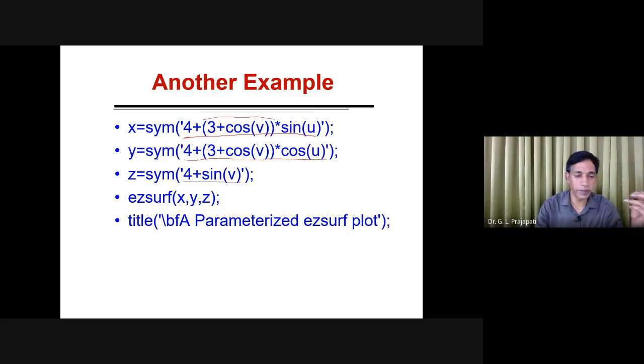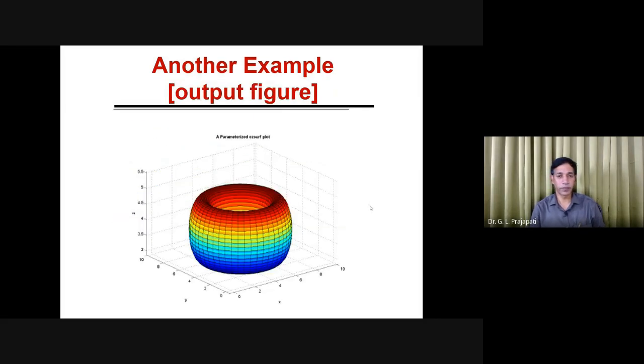So X, Y, Z. So this is the X, this is the Y, and this is the Z. Okay. Now you want to surf plot with the help of EZ surf X, Y, Z. So you can give the title in boldface, parameterize EZ surf. And once you run this, you will get the answer like this. This is the answer.